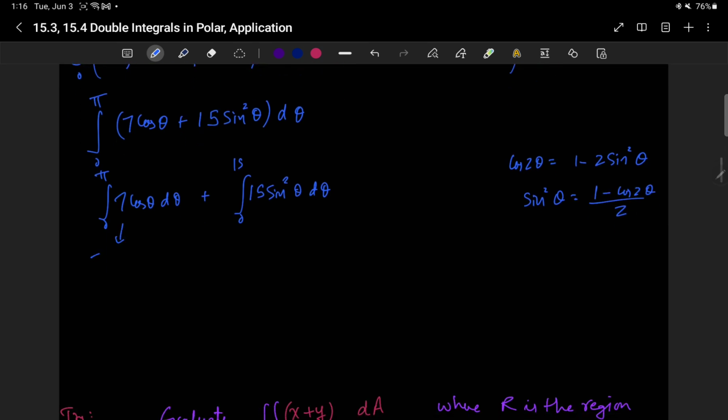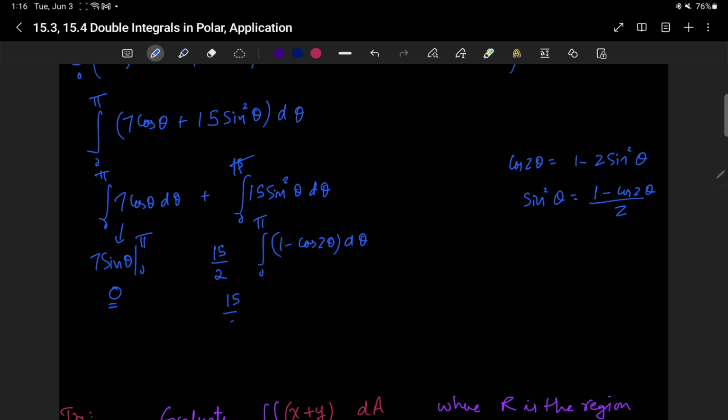Now this is a straightforward integral. This is 7 sine theta from 0 to pi. Sine pi is 0, sine 0 is 0, so this is 0. Whereas this will become 15 over 2 times the integral from 0 to pi of 1 minus cosine 2 theta d theta.